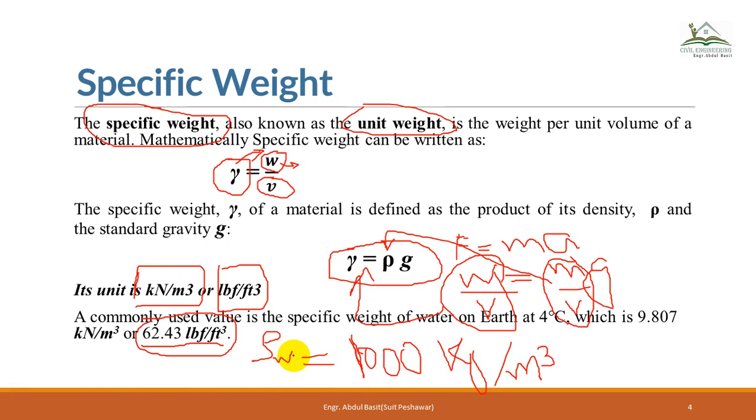The value of the unit weight of water and the density of water cannot be the same, as density is 1000 and unit weight is 62, but both have the same concept. Both show the compaction, or the spacing of the material. In kilonewton per meter cube it is 9.81, and all these values are at 4 degrees centigrade, which is the standard temperature.